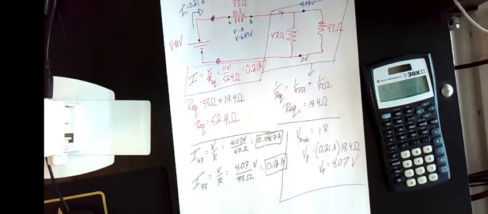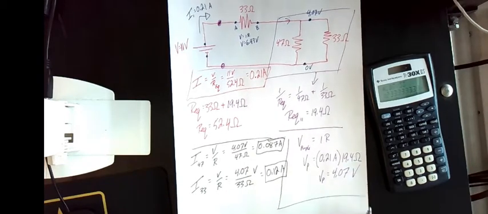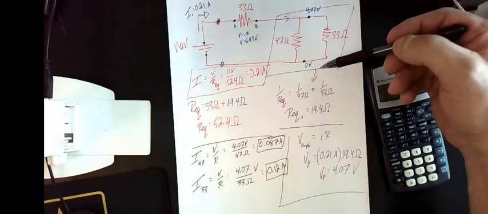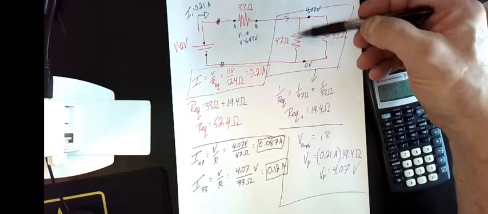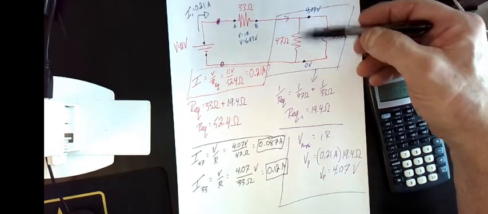Not much of a difference, really, just a hundredth. But I just wanted to lead you through it in one quick little video. This is how you attack current through resistors. You find the voltage across them first, and then the current through it is just V divided by R for that resistor.